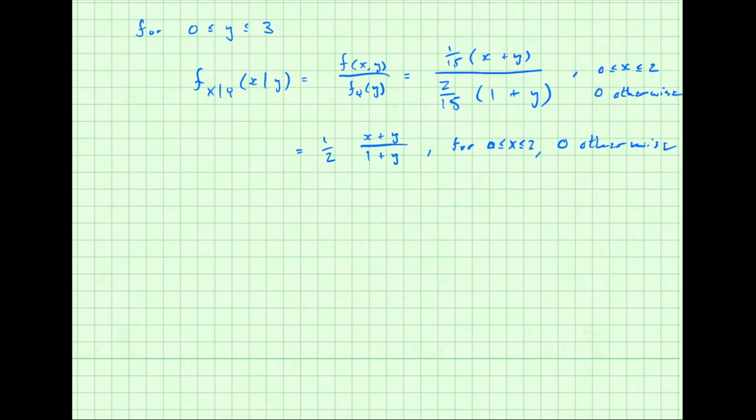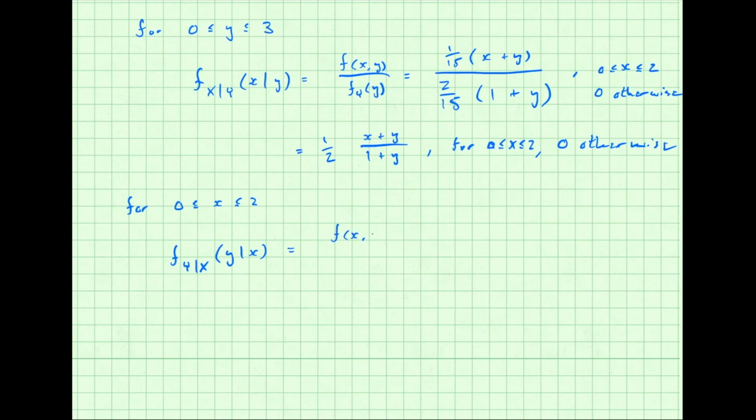So again, we'll do the other conditional distribution. So for x in between 0 and 2, then this guy is again, it looks just like the same.